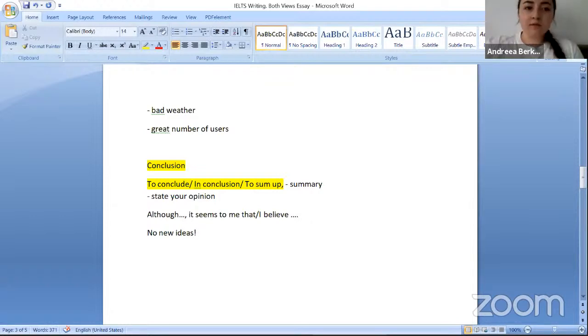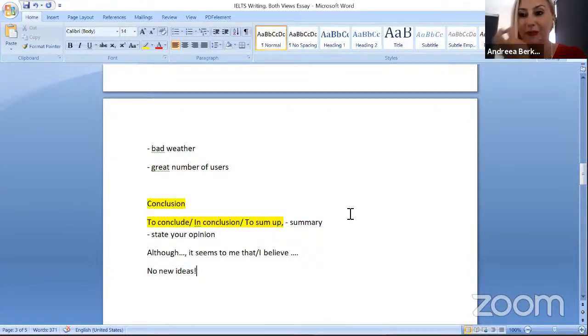Until this point, you don't mention it here. So no new ideas should be brought in the conclusion. The conclusion has the role of summarizing what you have already written and establishing your opinion in this both views essay.